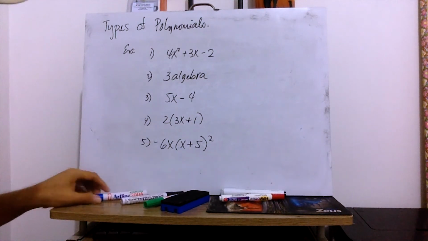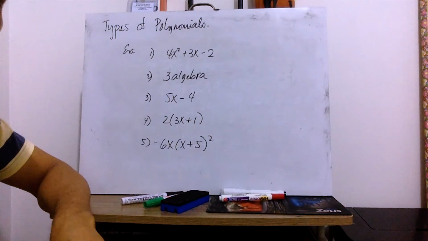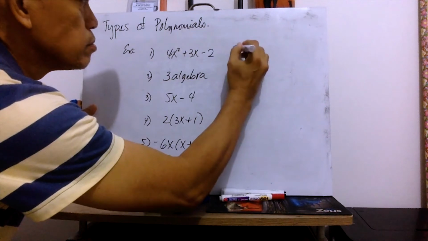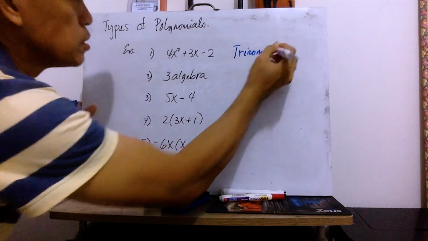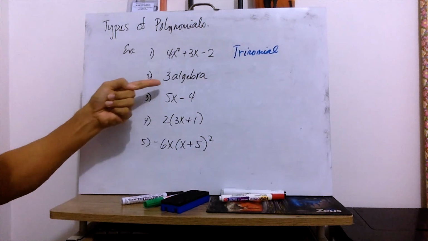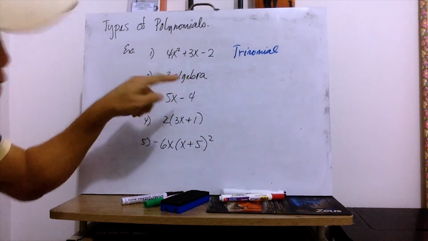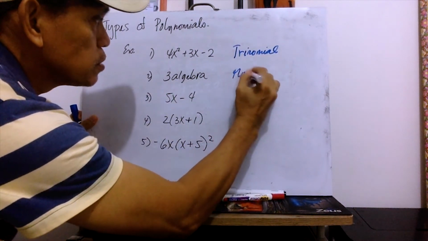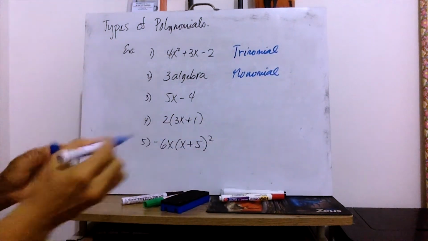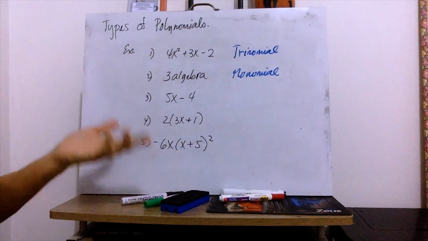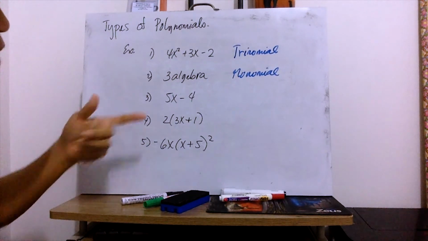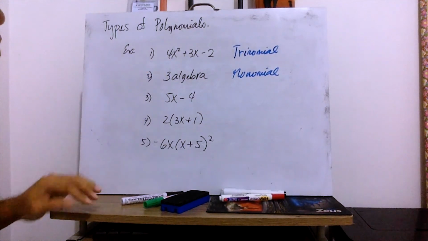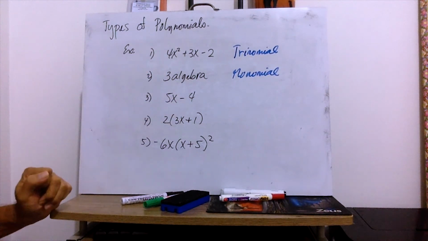Okay, how do you classify this? 1, 2, 3, 3 terms, trinomial. Number 2, 3 algebra. Do you see a plus or minus there? Nope. So it's considered a monomial. Remember, to determine if it's a trinomial or monomial or binomial or multinomial, you have to look for the mathematical operations, plus or minus. Okay, 5x minus 4. It's a binomial.